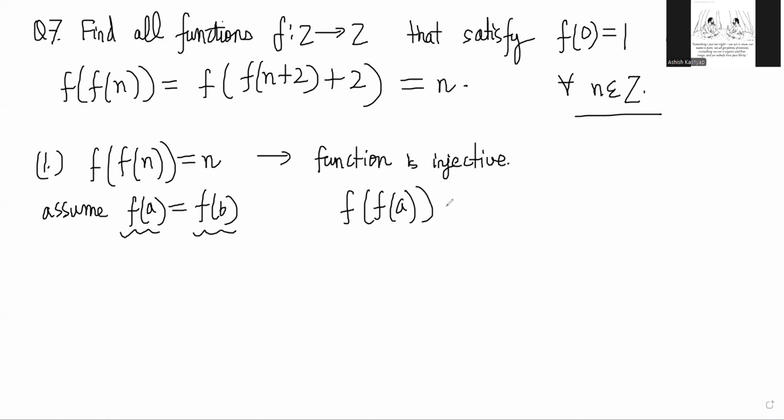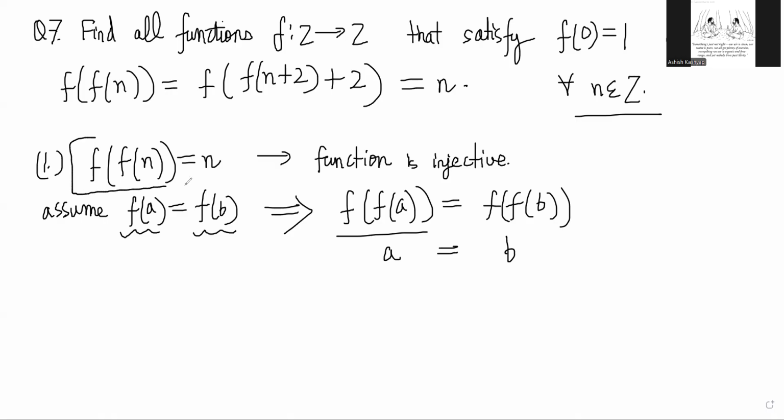So f of f of a is equal to f of f of b, and by this condition, f of f of a will be equal to a, and f of f of b will be equal to b. So that automatically means that a is equal to b is coming as a consequence of f of a is equal to f of b, right? Which implies that the function is injective. So right now we already know that the function that satisfies this condition will be injective, right?